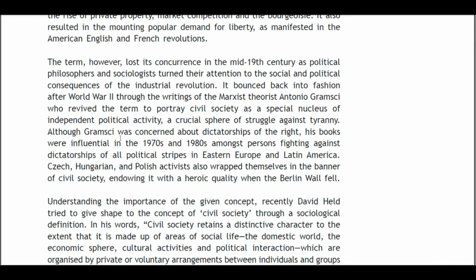Although Gramsci was concerned about the dictatorships of the right, his books were influential in the 1970s and 80s amongst persons fighting against dictatorships of all political stripes in Eastern Europe and Latin America. Czech, Hungarian, and Polish activists also wrapped themselves in the banner of civil society, endowing it with a heroic quality when the Berlin Wall fell.